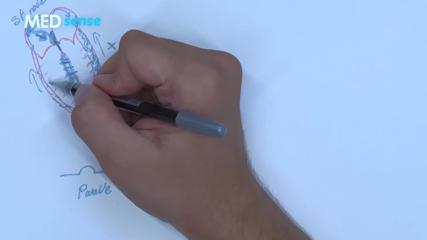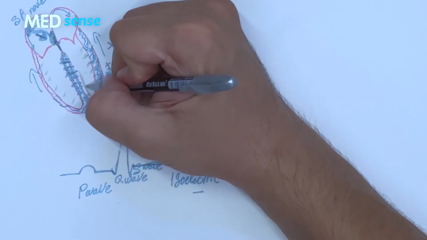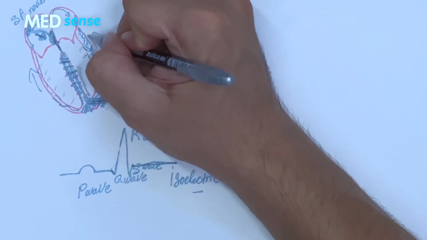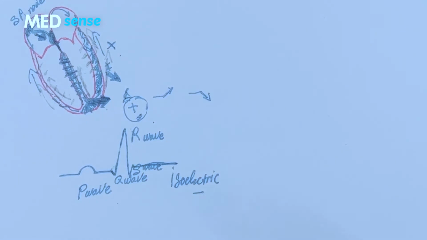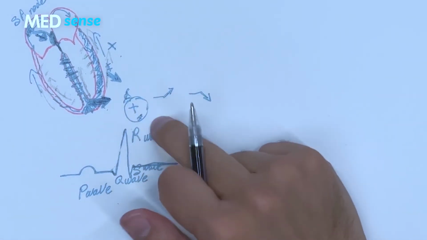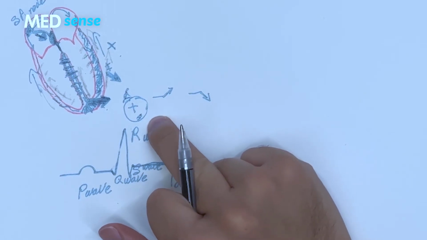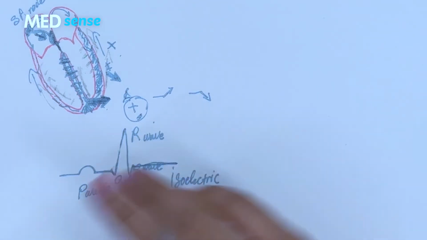After some time, the ventricular myocytes start to change their electrical charge from the positive, depolarized, excited state to the resting, negatively charged state. This negative current is propagating this way. Try to think about this. We have here a positive electrode. It was interpreting any positive electrical current flowing towards it as a positive deflection.